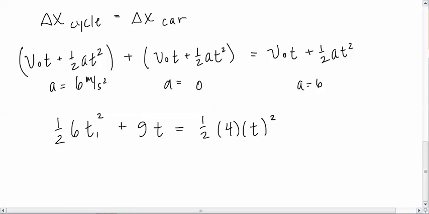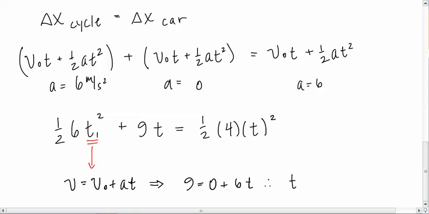Now I have two unknowns here, so I need to figure out what time this guy stops accelerating. So we need to find this guy right here. I can find the time that it stops accelerating by using v equals v naught plus at. So the final velocity of the cycle was 9 equal to 0 plus 6t.